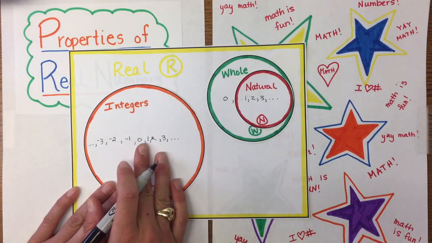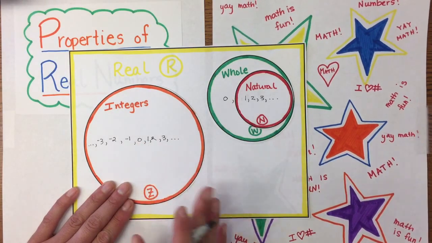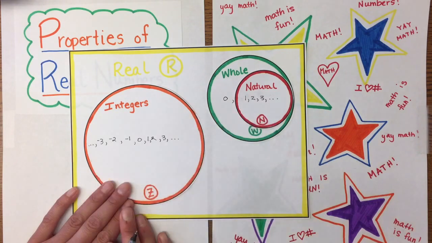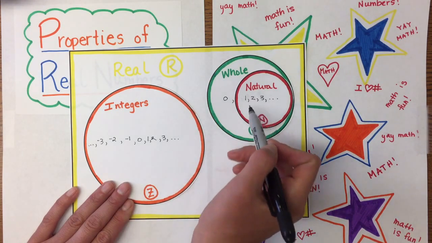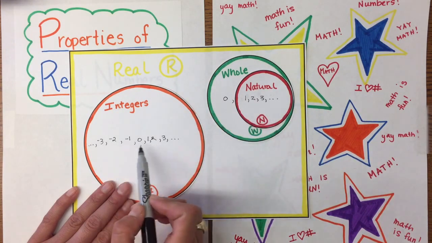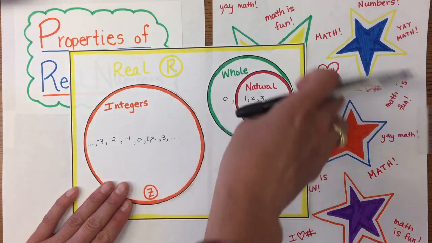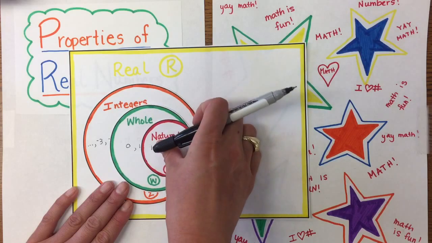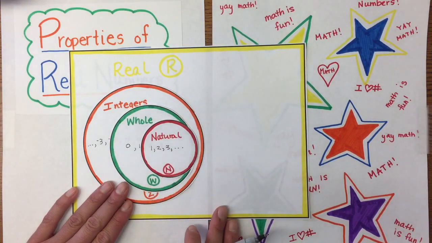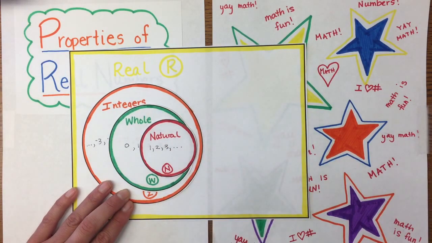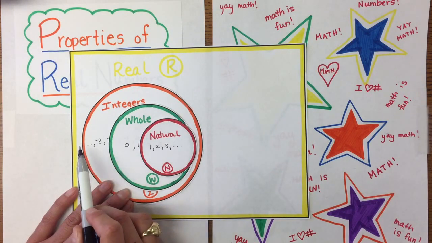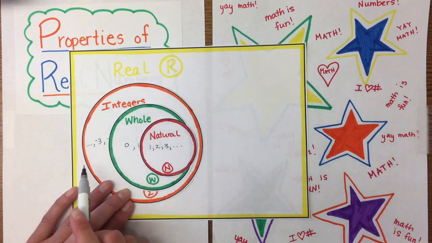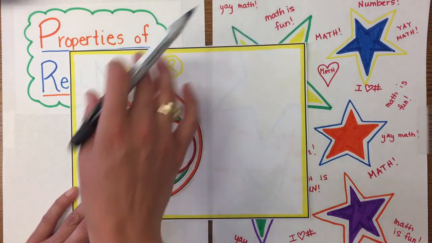So it basically is all of the whole numbers and the opposite of the natural numbers. If we put a negative in front of all of the natural numbers, all of those would be included. So integers include all whole numbers, which also includes all natural numbers. So if a number is natural, it's also whole and an integer. Not all integers are whole numbers. Not all integers are natural numbers.